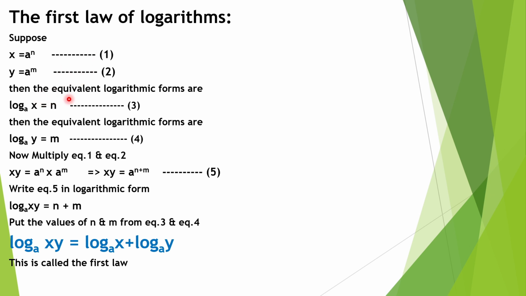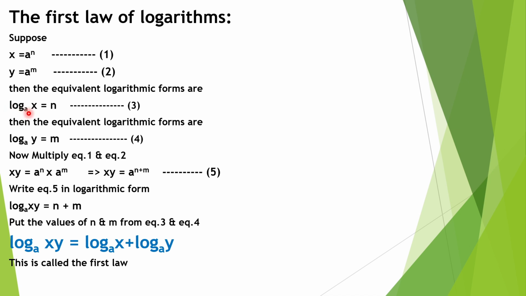Then the equivalent logarithmic forms are, so in logarithmic form, if we take logarithm on these two equations, we can write, what will we do? First of all, we will introduce log over here. So log x. What about the a? a is the base over here. So a will become the base of log.